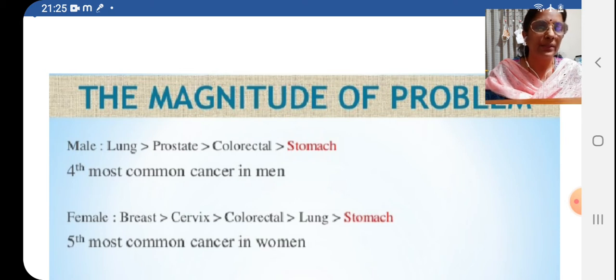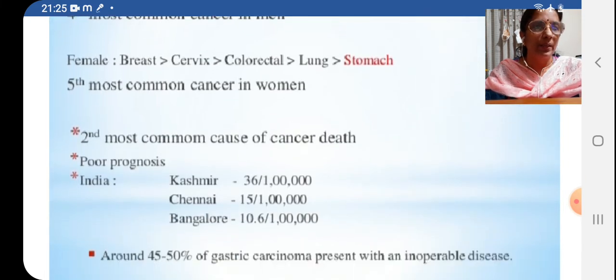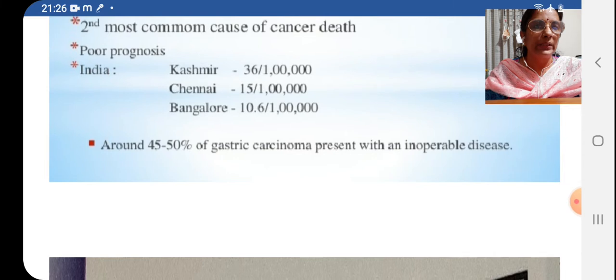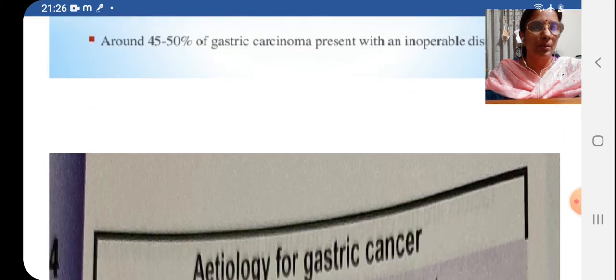For males, the first common cancer is lung cancer, then the second is prostate, third is colorectal, and the fourth is stomach. So this is the incidence of carcinoma stomach in males and females. In India, Kashmir is the most common place where we see carcinoma stomach.